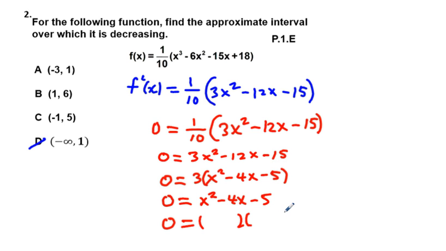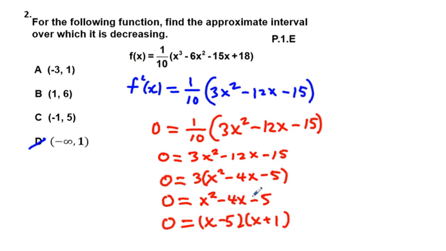And for that, factors of x squared are x and x, and factors of negative 5 are negative 5 times 1, or negative 1 times 5. We're going to try negative 5 times 1. And if this works out, we have negative 5x plus x.